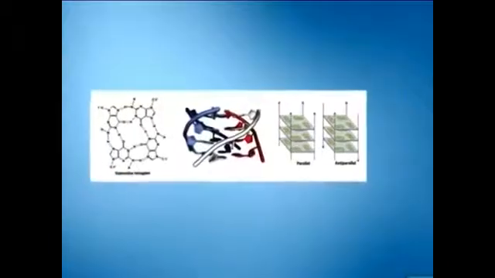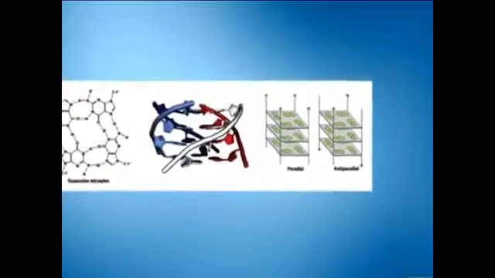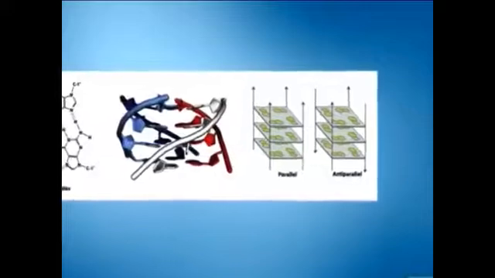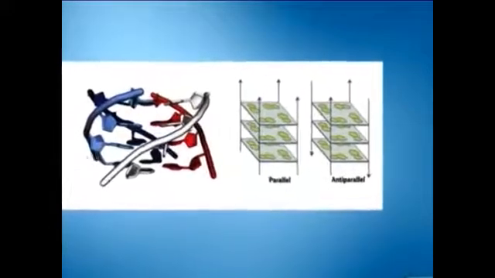In quadruplex DNA, also known sometimes as G quadruplex, 4 DNA strands interact to form a tetraplex. Such quadruplex structures usually occur in DNA chains having a high proportion of guanine residues.